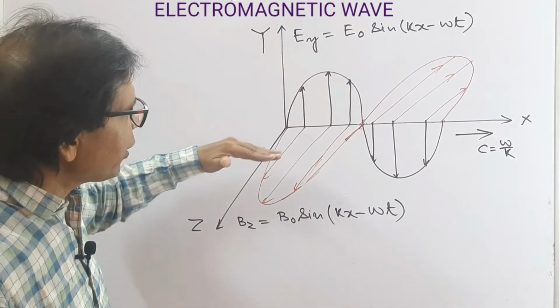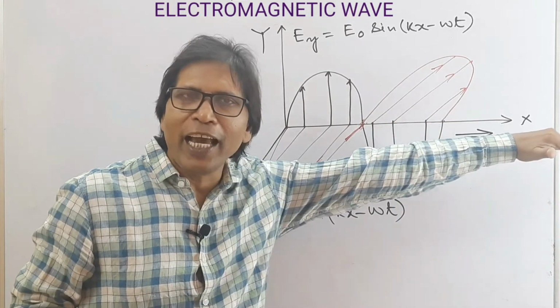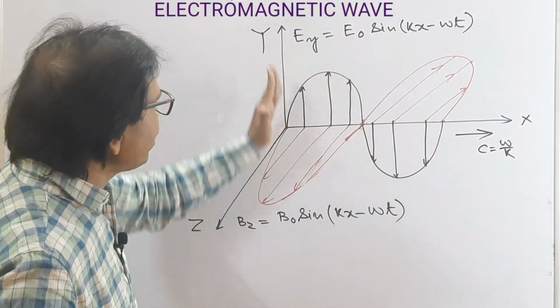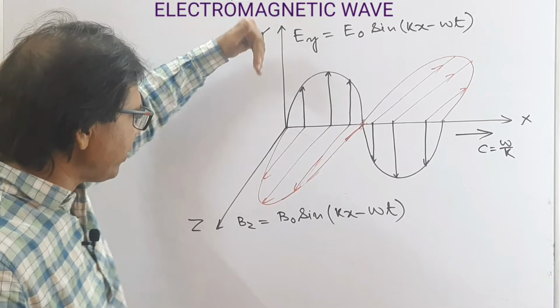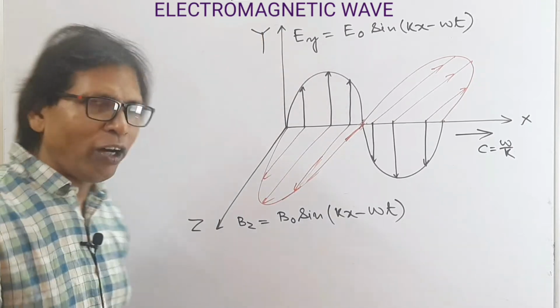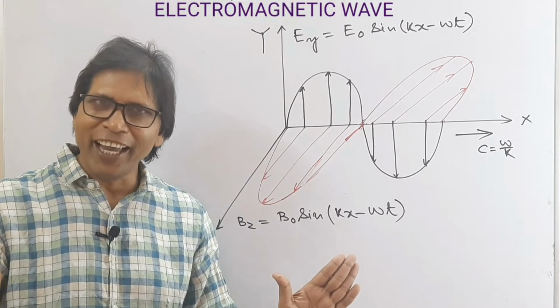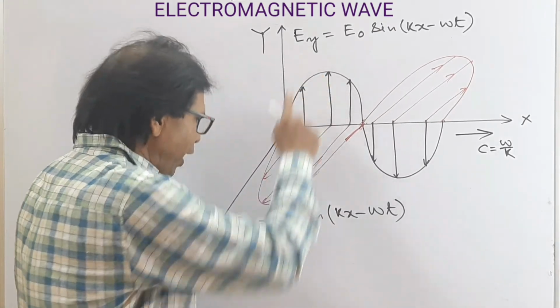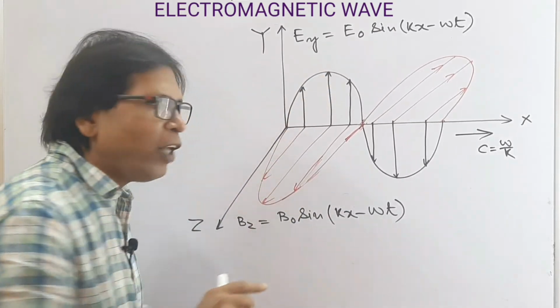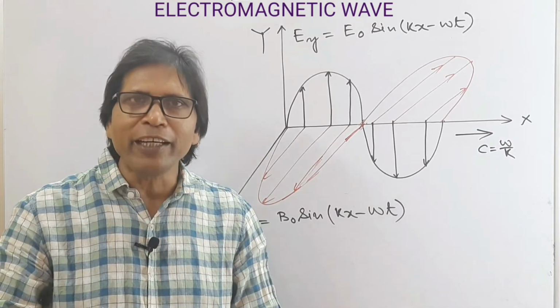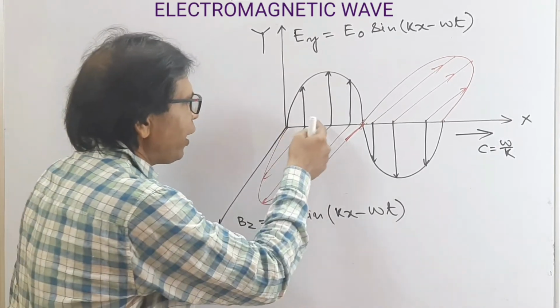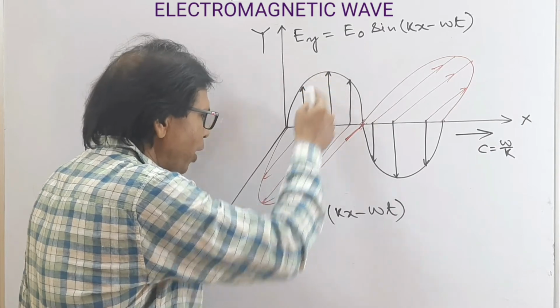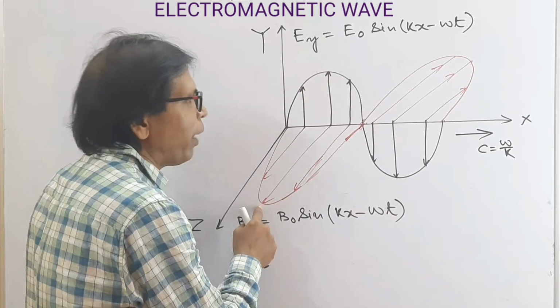Look at this, the direction of propagation is along the x-axis, the electric field vector along the y-axis, and the magnetic field vector along the z-axis. Okay, now the electric field vector and magnetic field vector are vibrating in phase. When the electric field vector is maximum, the magnetic field vector is also maximum.